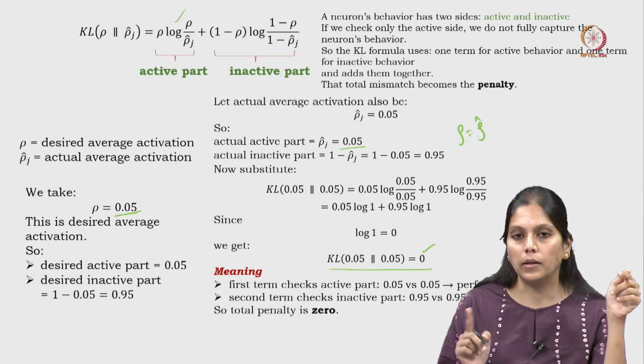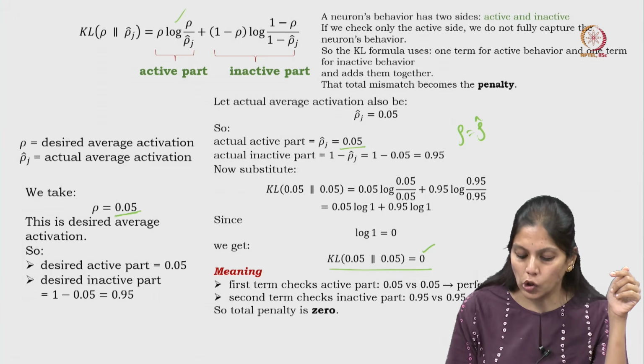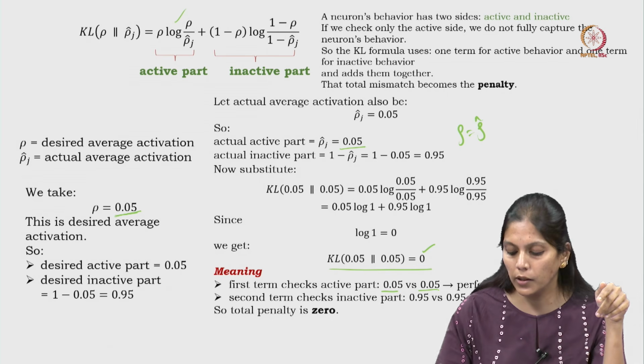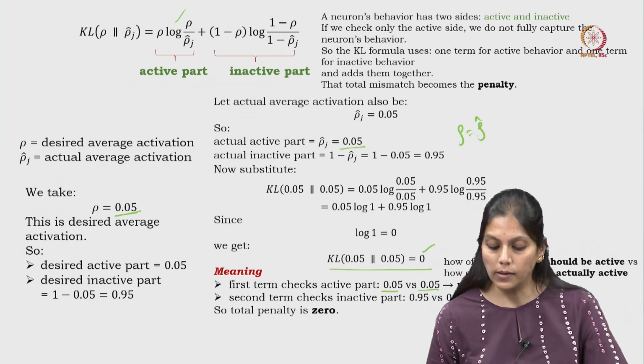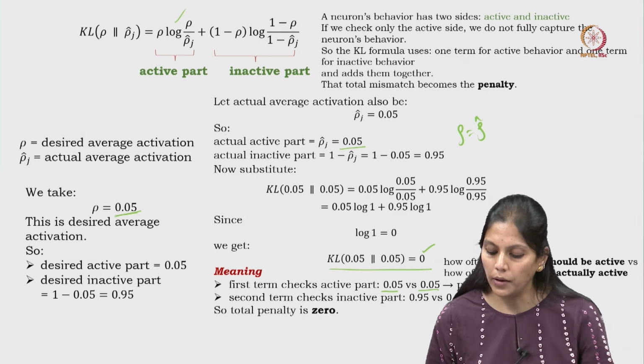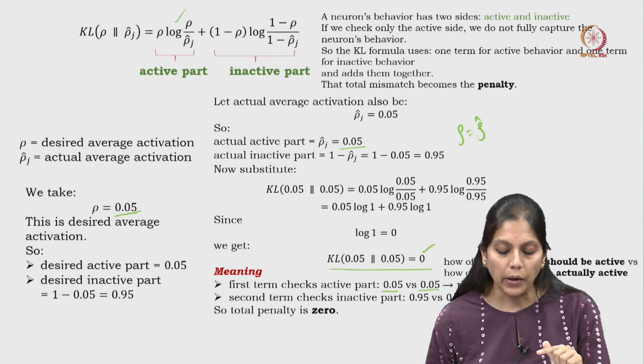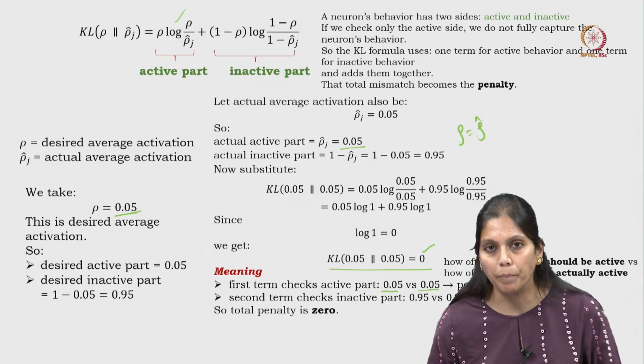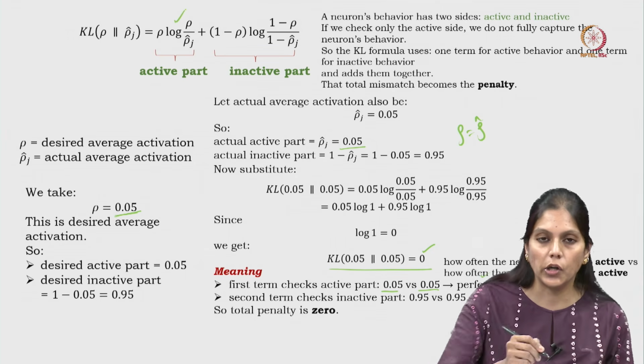Is that part correctly matching? Since 0.05 and 0.05 are perfectly matching, there is a perfect match. This is saying how often the neuron should be active versus how often the neuron is actually active, which is what the first part has checked.